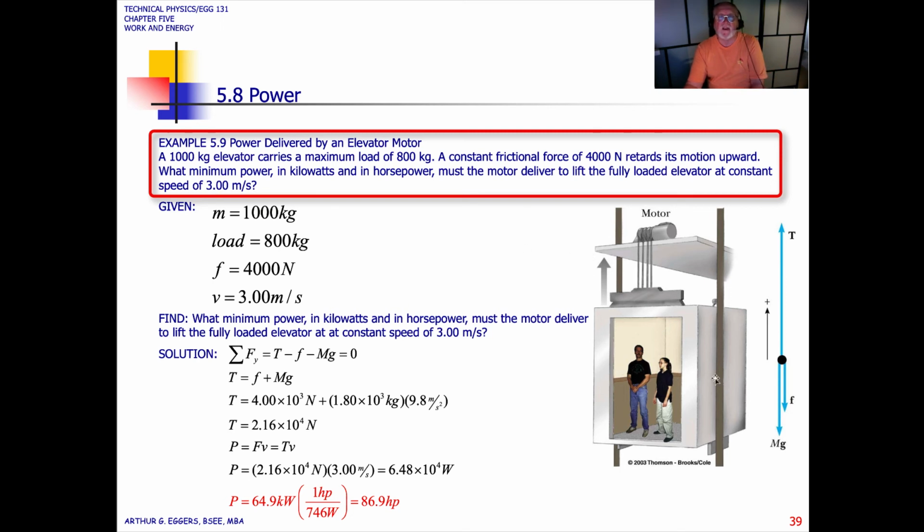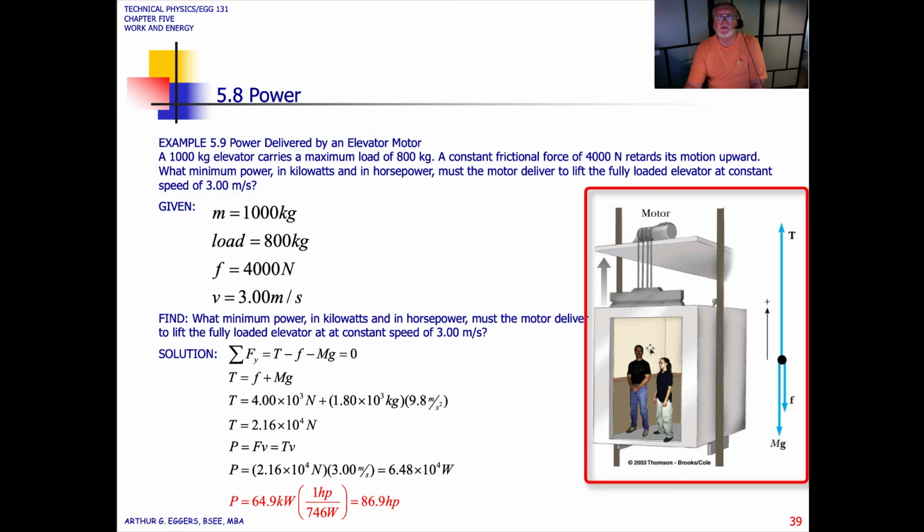You can see in the diagram we've got a couple of folks in the elevator. We built our free body diagram over here. We've got the tension in the cable going up. We've got the mg, the weight of the cart and any contents, down. And we've also got a frictional force down.